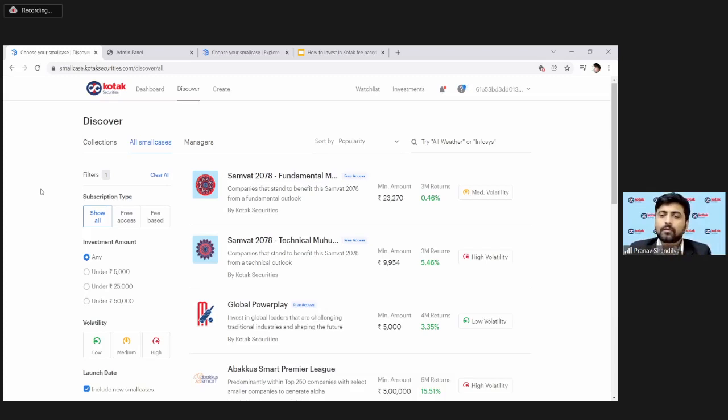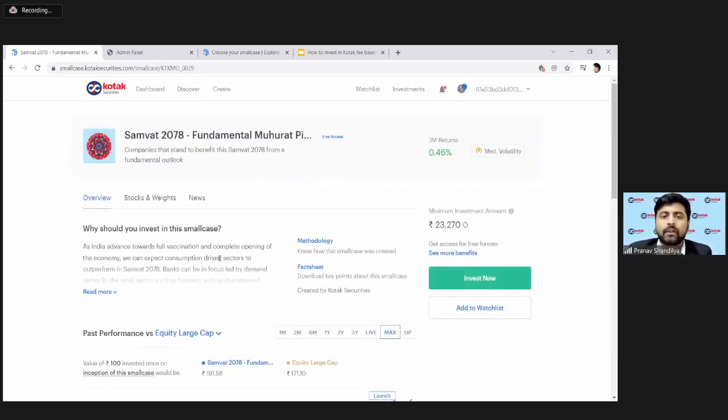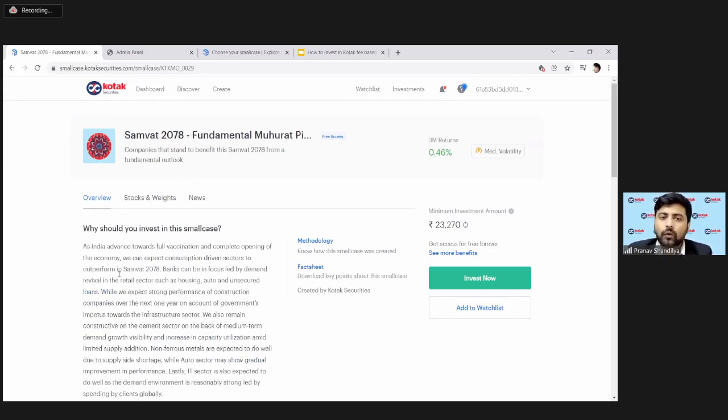Over here, we will try to see how a basket is designed and what are the set of constituents in a basket. For example, let me click on the first basket that opens up. This is called the Samvat 2078 basket. Over here, I'll try to explain the overview section of how it works. What this basket is all about is explained in one single line here.